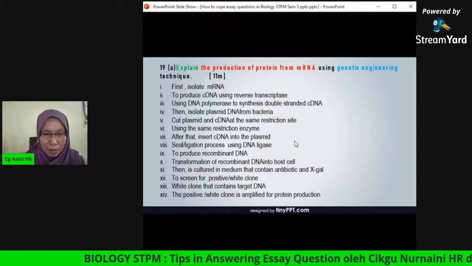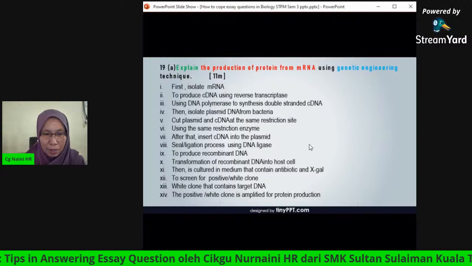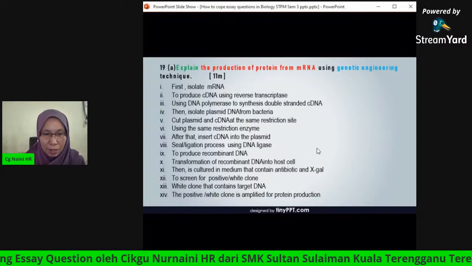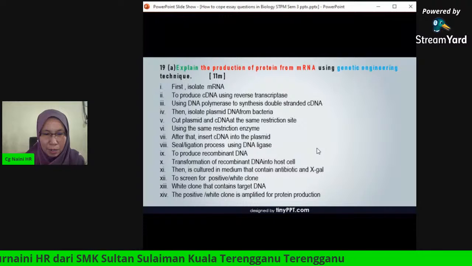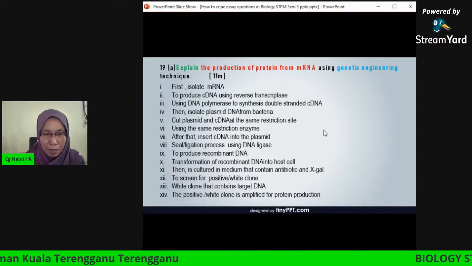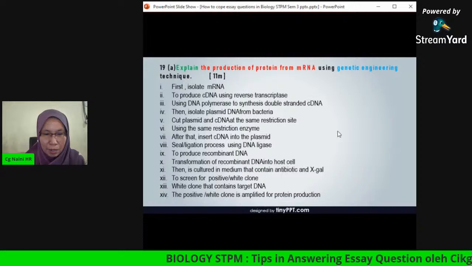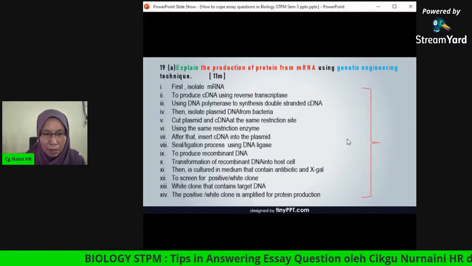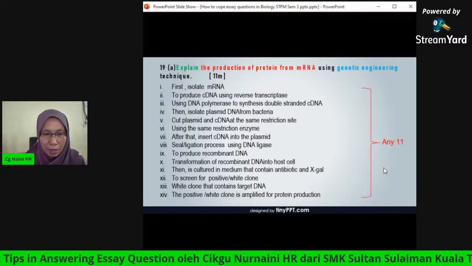Remember there are 7 steps of the cloning process, so you must explain them a little more to get 11 marks. Any 11 marks out of 14 marks.